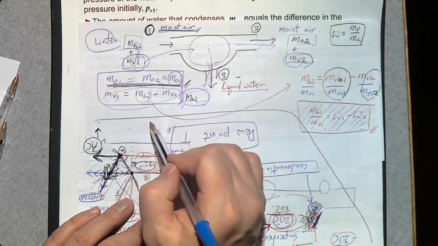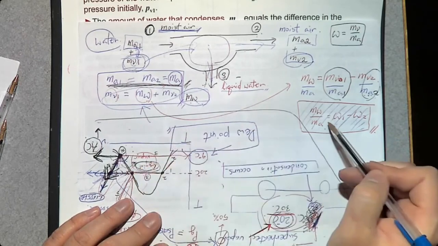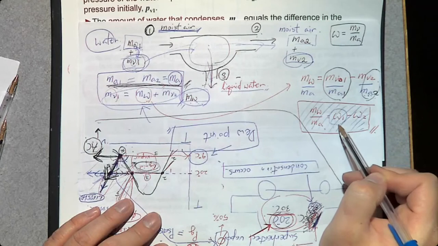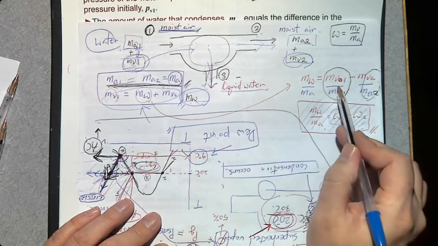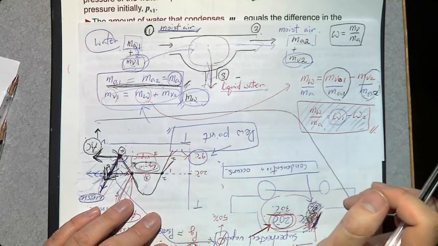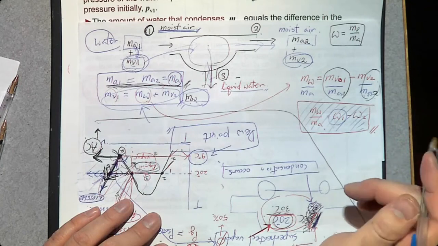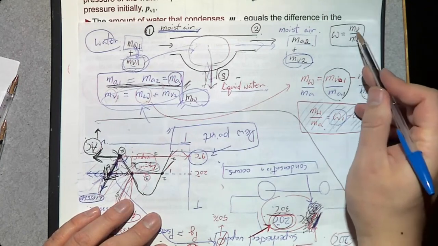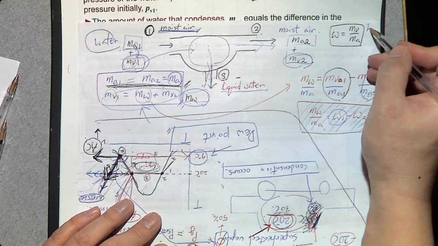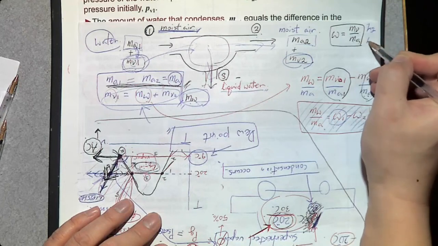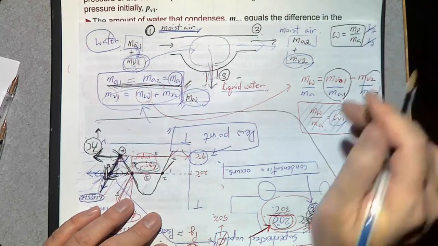However, instead of this one, using omega is much simpler mathematically. So we convert this one into omega. Omega has no unit: mass of water vapor is in kilograms, mass of dry air is in kilograms, so you can cancel them out.